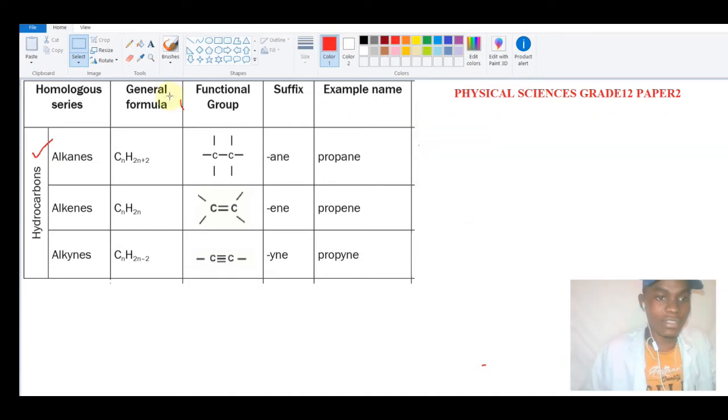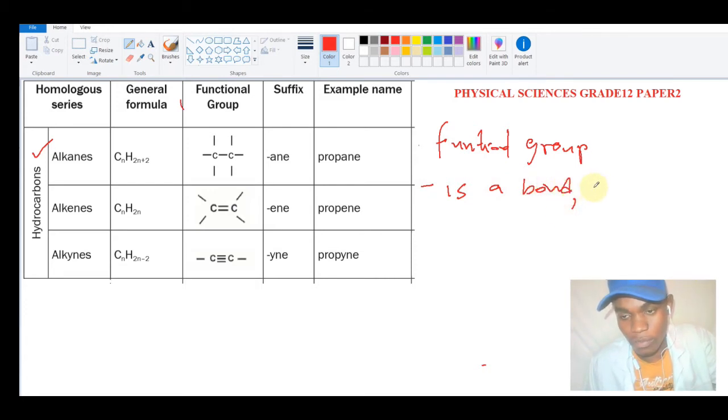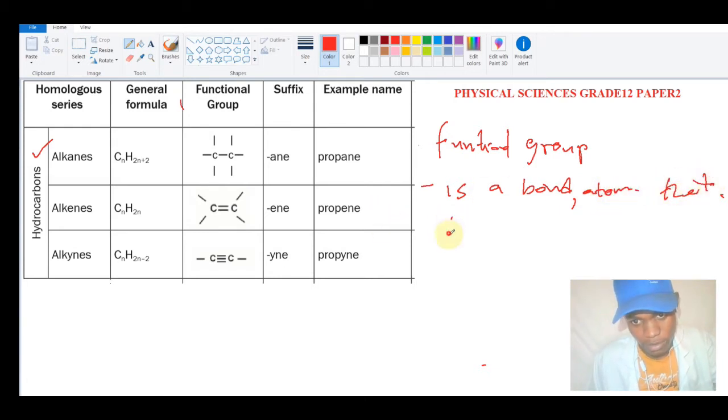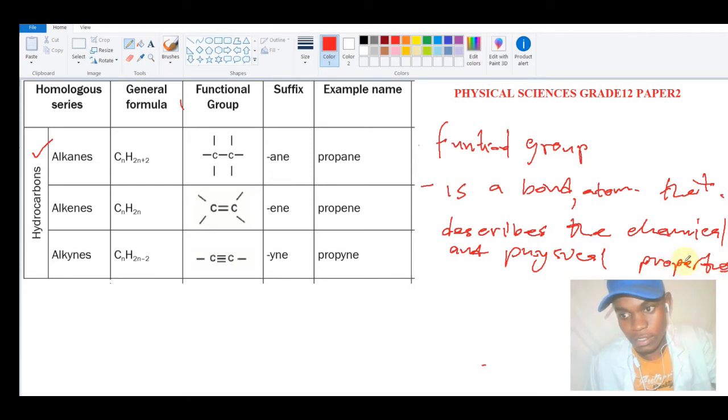What is a functional group? A functional group is a bond, an atom, or atoms that describes the chemical and physical properties of a compound.